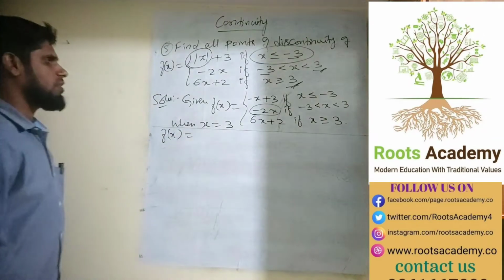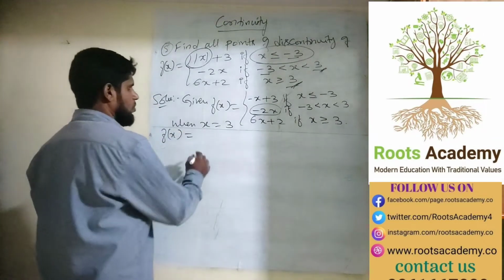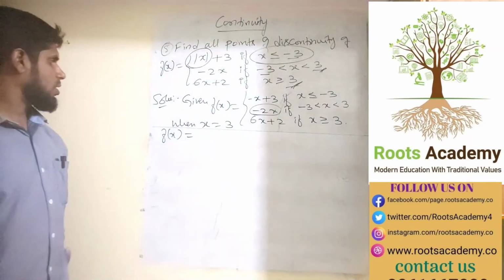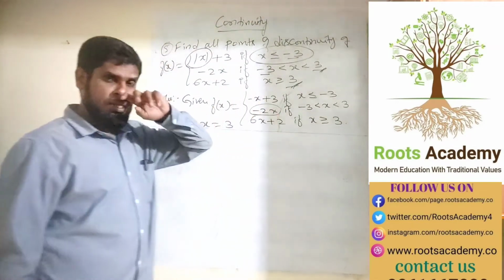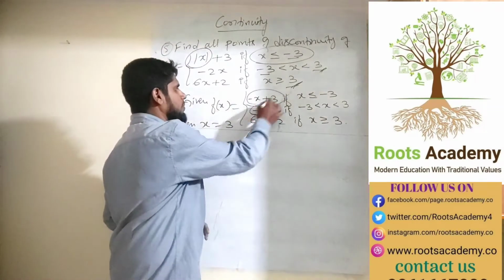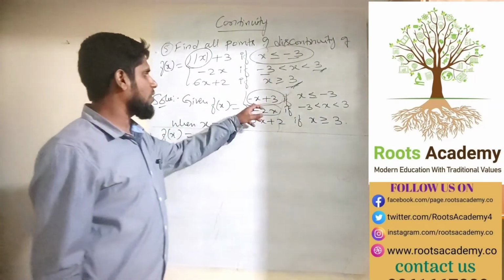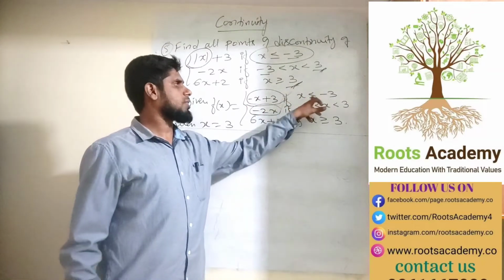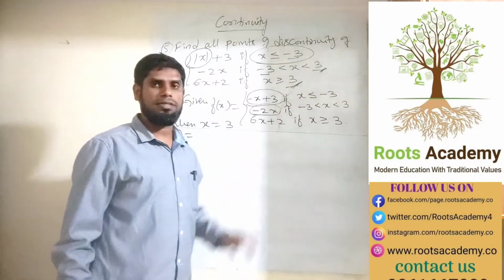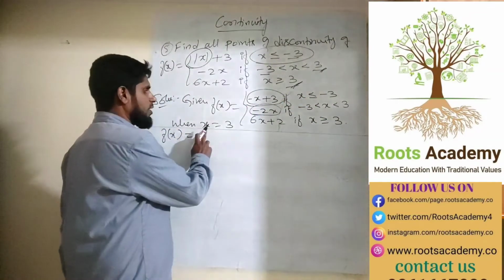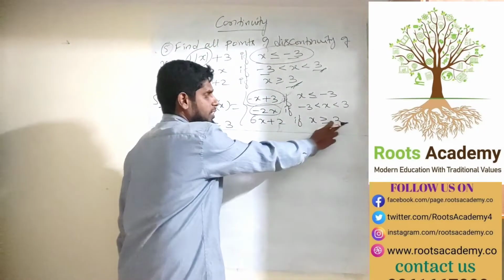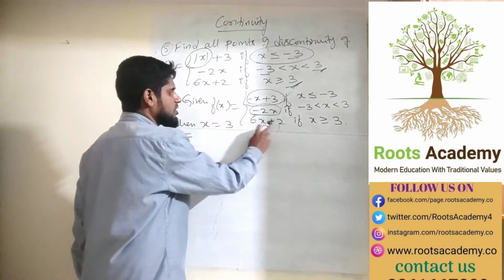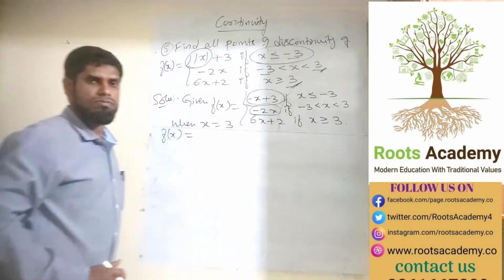When x is equals to plus 3, f of x is equals to... the moment I said x is equals to 3, now the functions will change. At any cost, this function will not come now. This is over. This is only for x less than or equal to minus 3. Now, when x is 3, here is the equality sign, and the function is 6x plus 2.